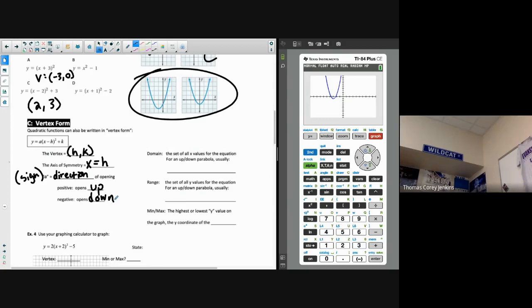All right, so the domain of any function is the set of all x values for the equation. Remember, domain is side to side. Sorry, I was a little confused reading those words. But the domain is side to side.